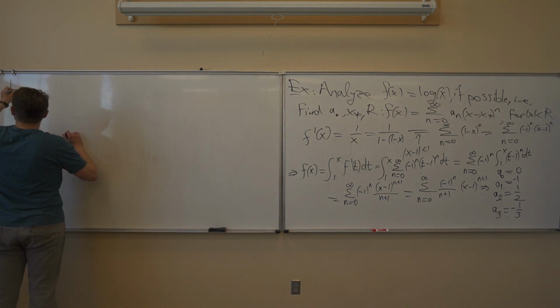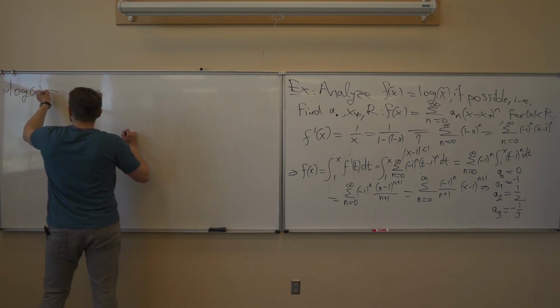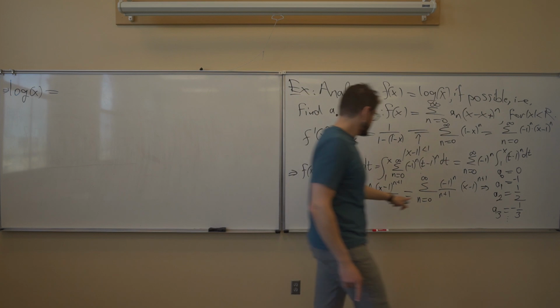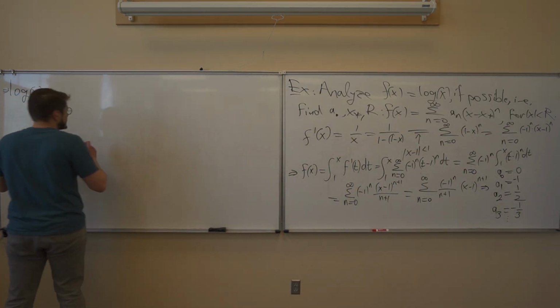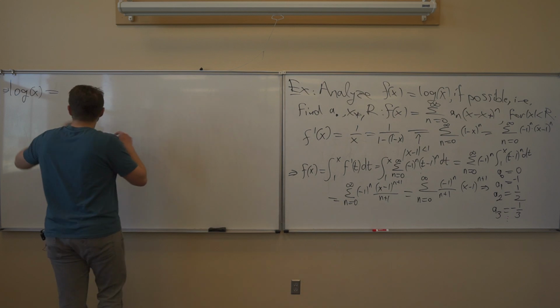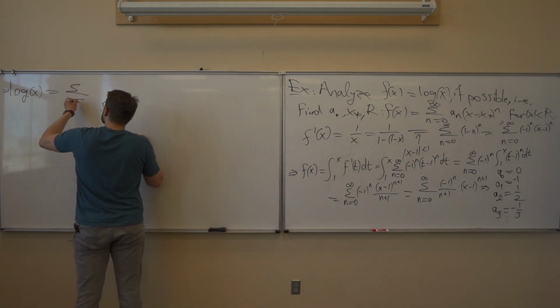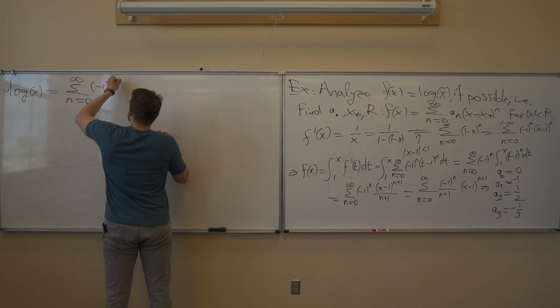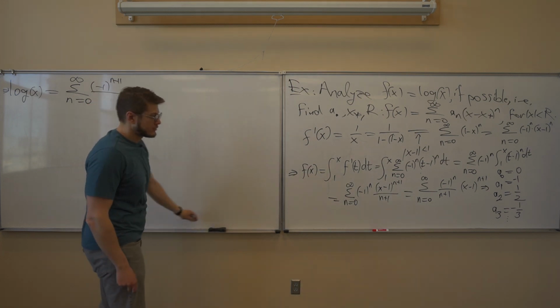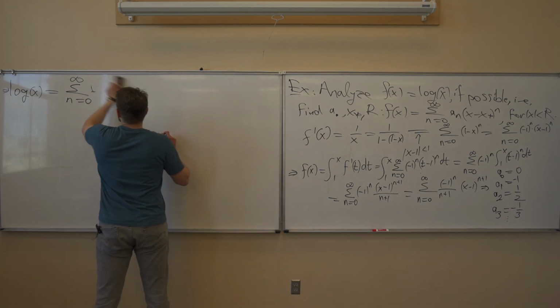And from this, I have an approximation. And so what we just showed is that log of x can be analyzed like this for x minus 1 less than 1 in absolute value, raised to the power n.